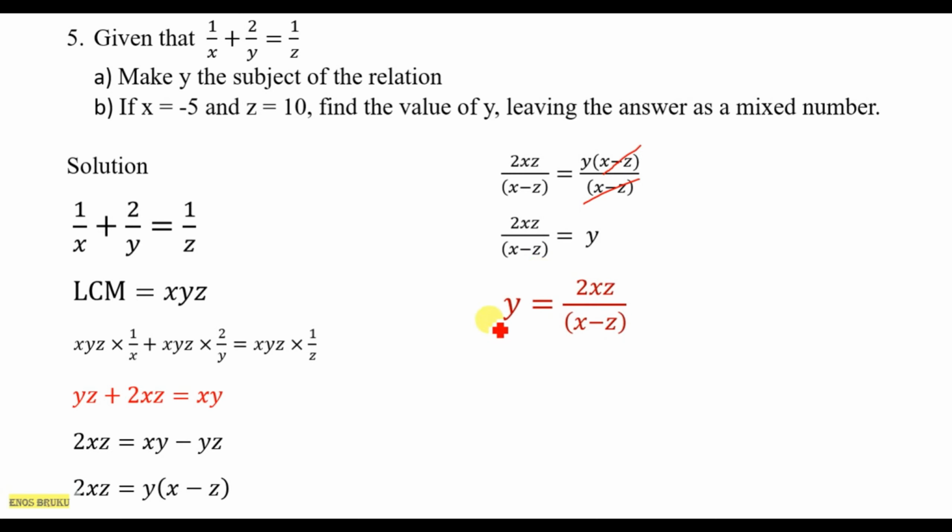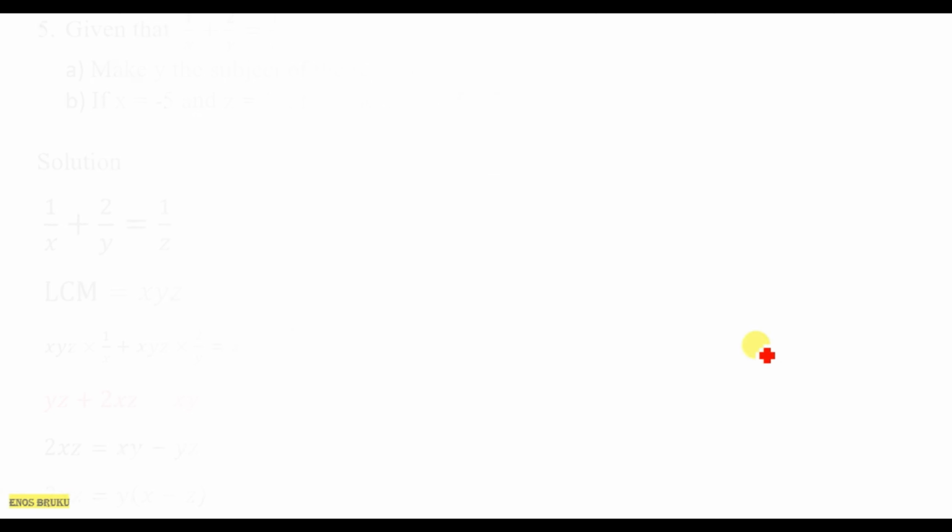Okay, so now we move to the b part of the question. The b part of the question is saying if x is equal to -5 and z is equal to 10, we should find the value of y. So this is what we got for y. We got y to be 2xz over x minus z.